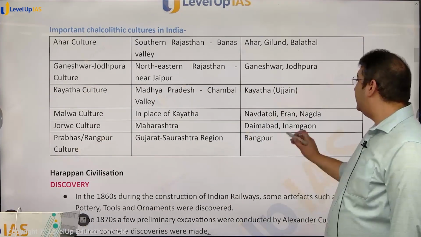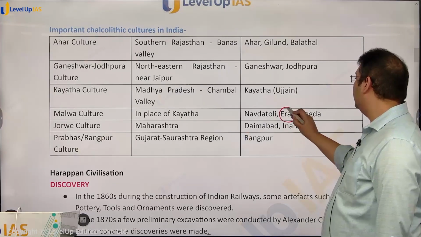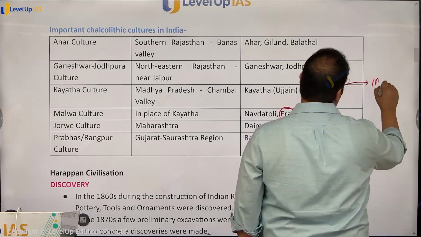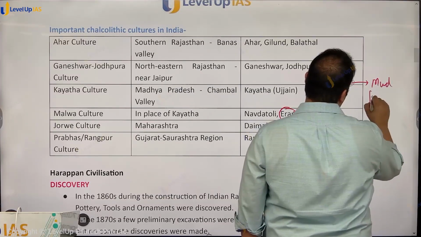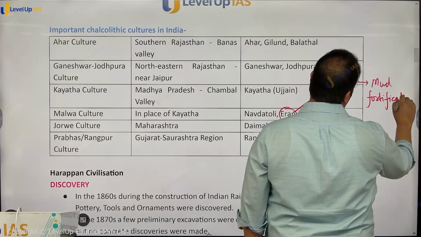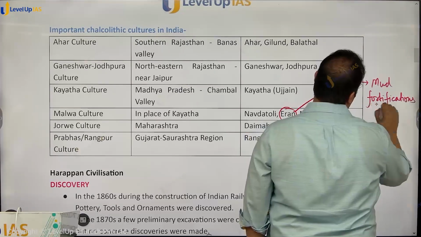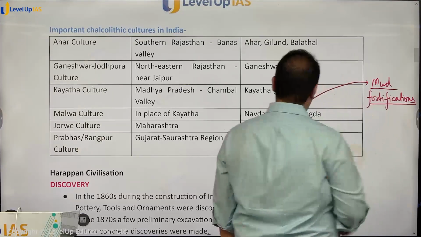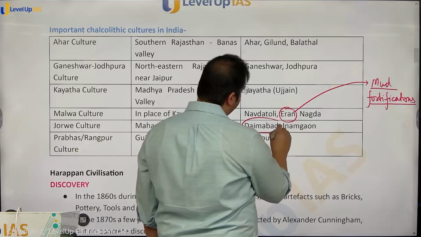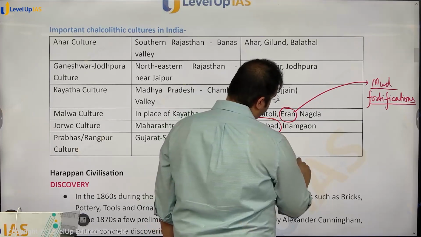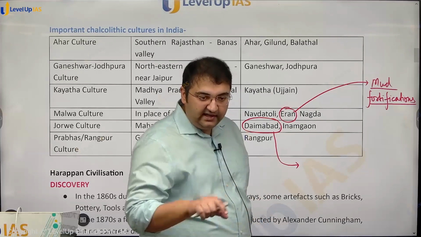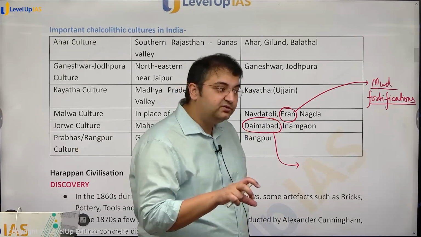Now, some of these sites are of additional importance. For example, at Eran, we find mud fortifications. At Daimabad, we find that in the surrounding area, there was a cluster of smaller sites.